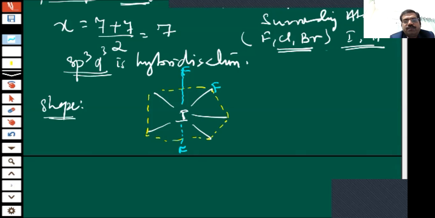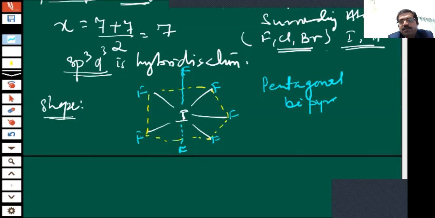These are fluorine. So this shape is known as pentagonal bipyramidal.